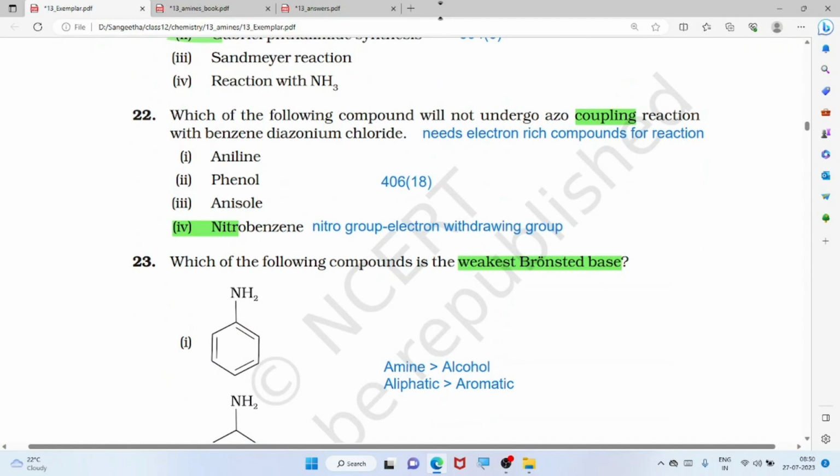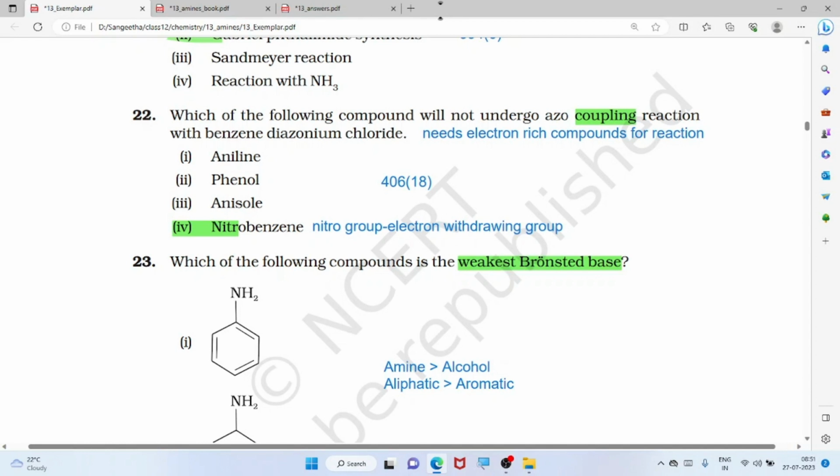Which of the following compounds will not undergo azo coupling reaction with benzene diazonium chloride? So this azo coupling, this benzene diazonium needs electron rich components for this reaction, okay, for the azo coupling. See, this nitro group is the electron withdrawing group.